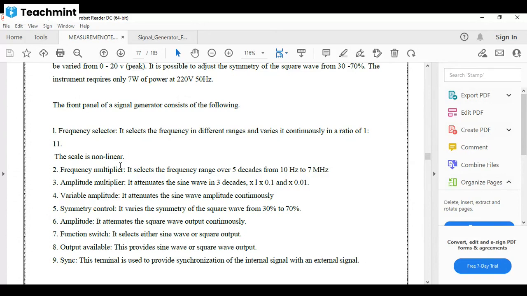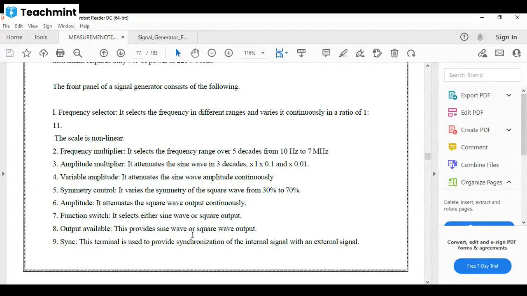So the function switch selects either sine wave or square wave, and provides it at the output.